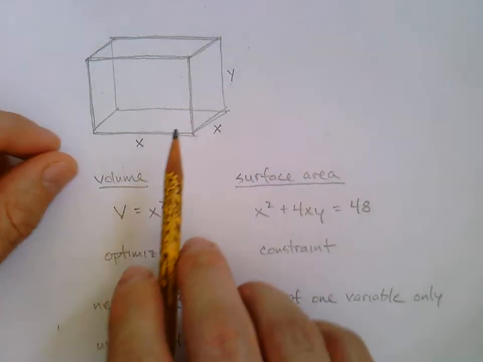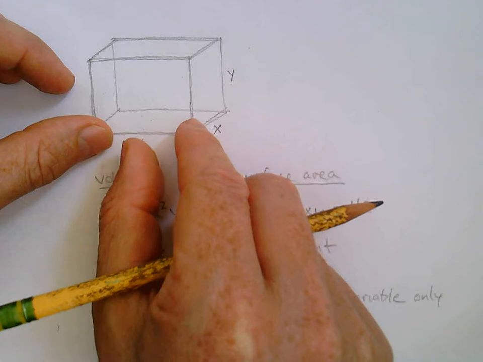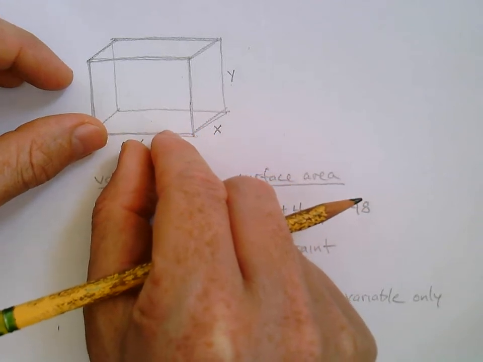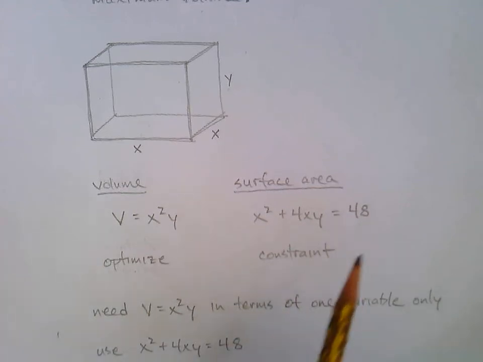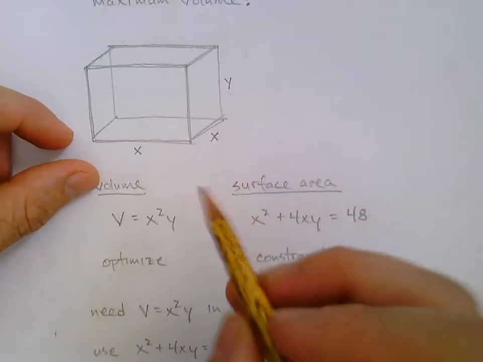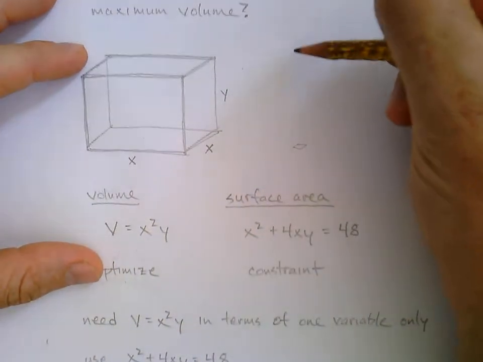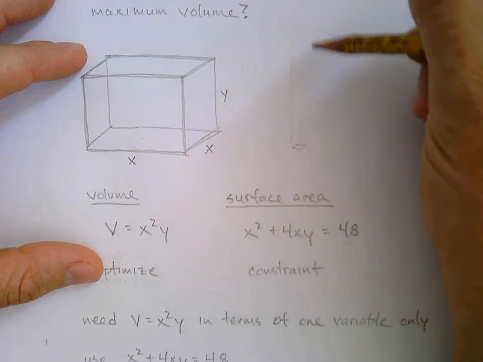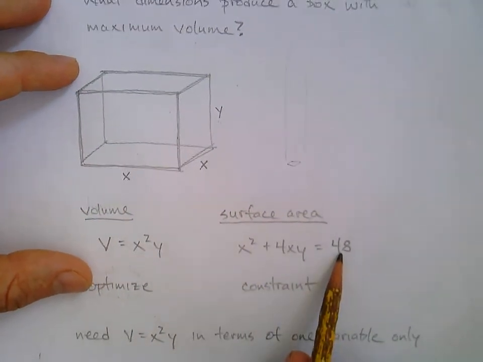Imagine the picture like this base shrinking down to a tiny little square, but we still have a surface area of 48. What would that mean? If our base shrinks down to a teeny tiny little square, it would need to be super, super tall in order to still have that surface area of 48.